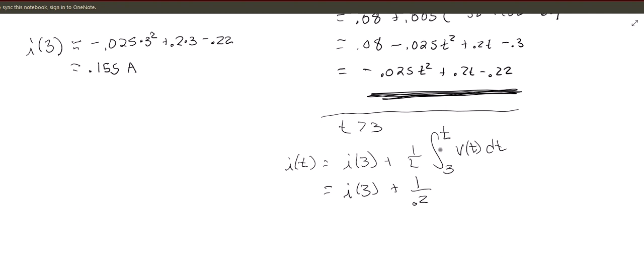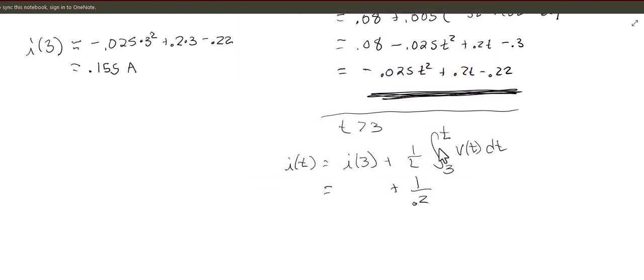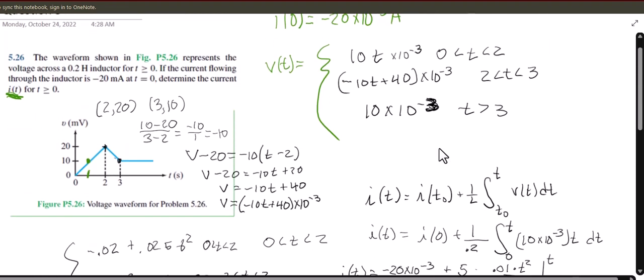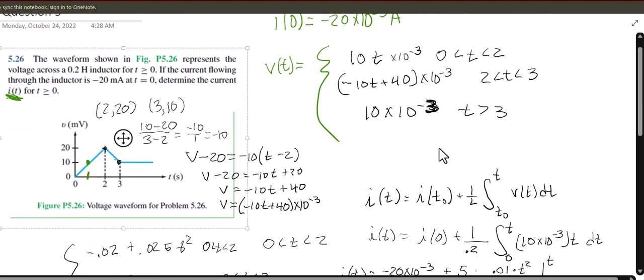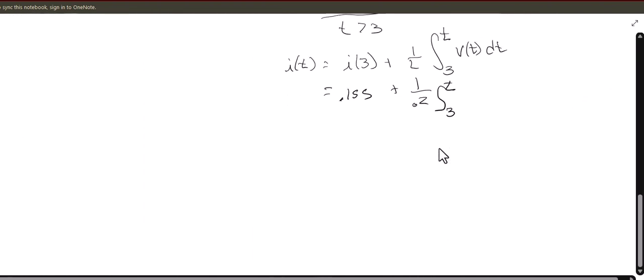Oh, we know what I of 3 is. 0.155. So the integral from 3 to t of v was 10 times 10 to the negative 3, which is 0.01.